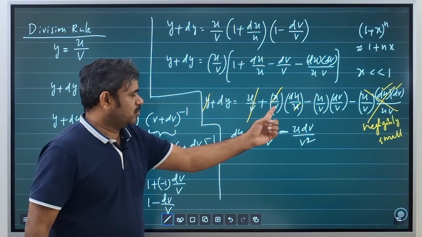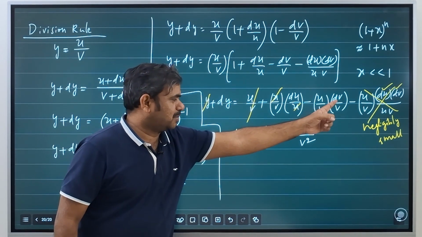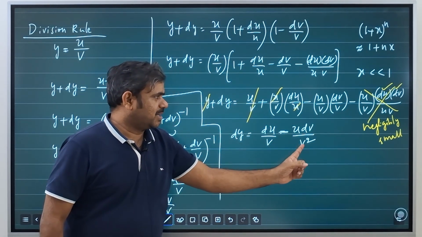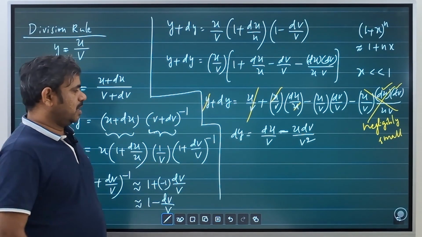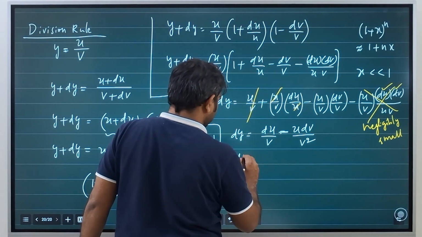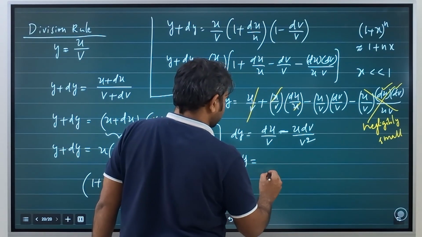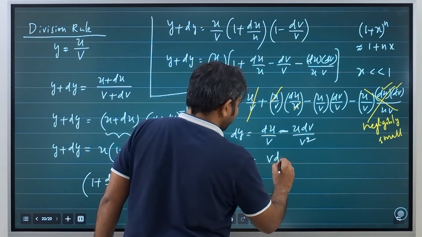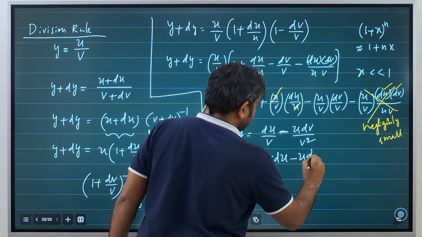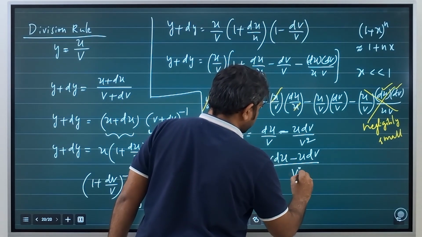This term is du by v and the second term is u dv by v square. Take LCM and simplify. You will get dy is equal to v du minus u dv by v square.